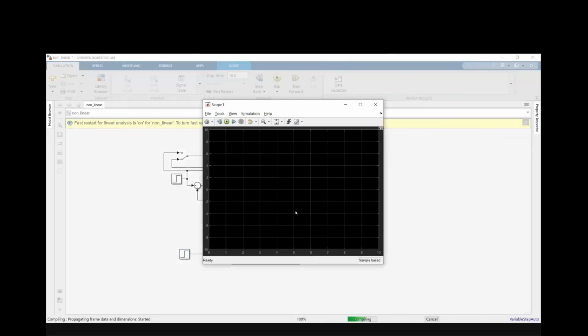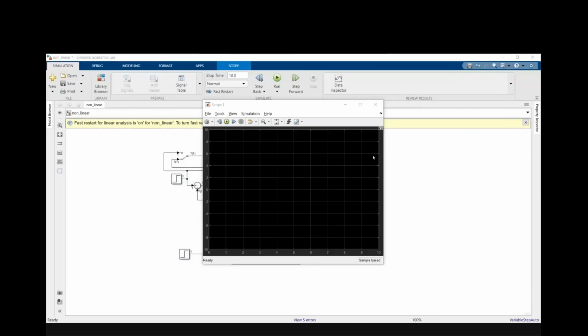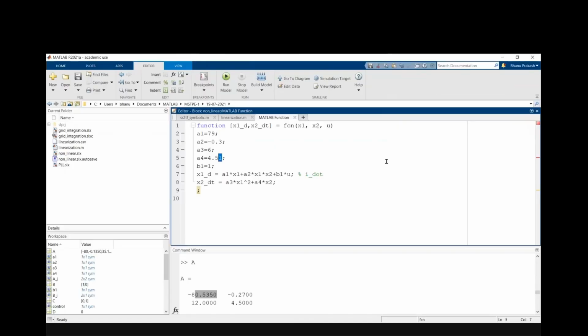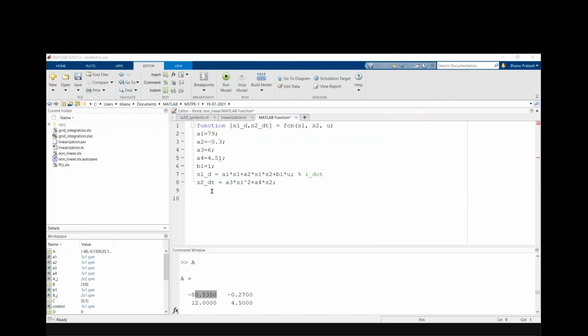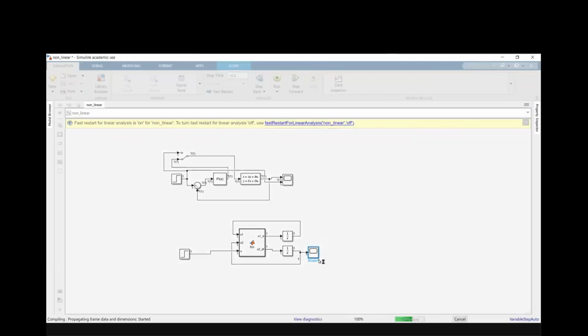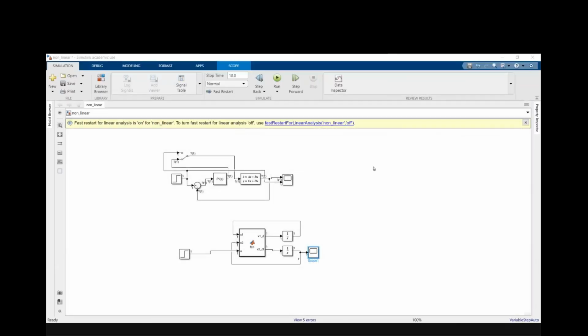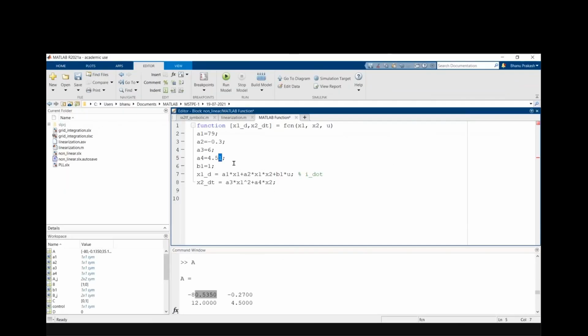Simulate it. Let me simulate again. Valid MATLAB function, line 5, column 7.